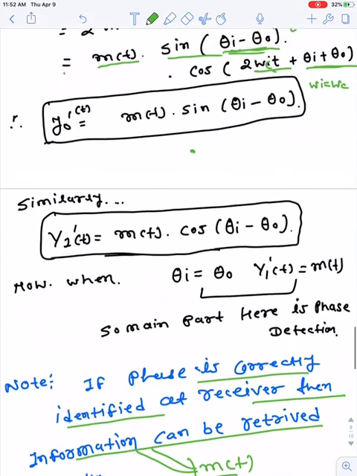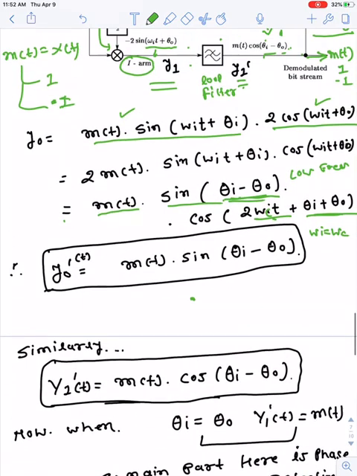What we basically learn here is that if the incoming phase theta_i is greater than theta_0, then what happens next time?